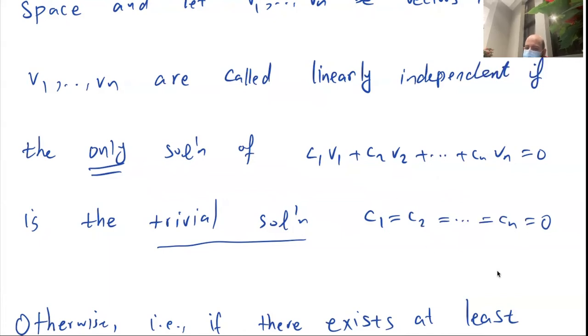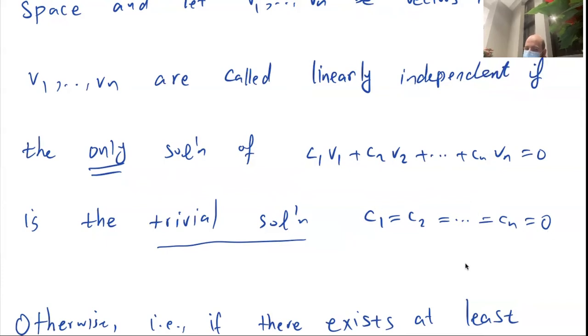Of course, if you set all of C1 to Cn equal to 0, then the left-hand side becomes 0, and you will have a solution, because 0 times V1 plus 0 times V2 plus 0 times Vn is 0.